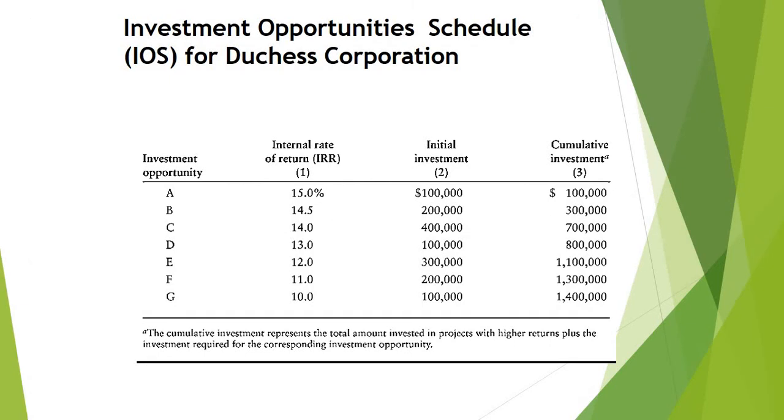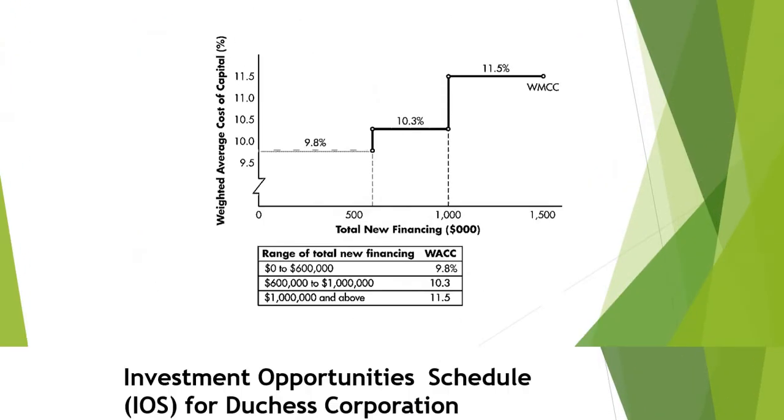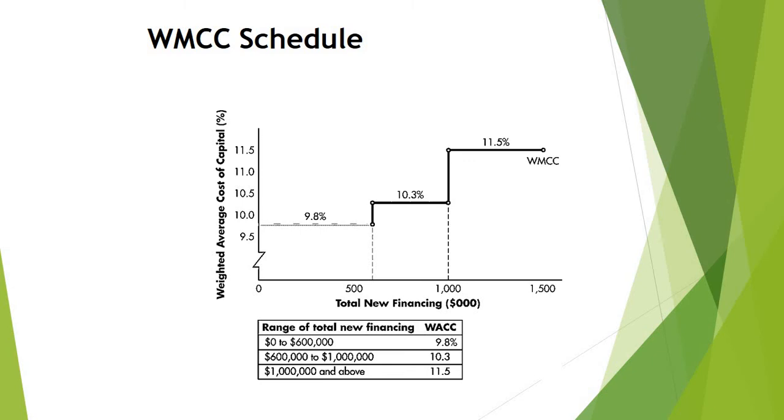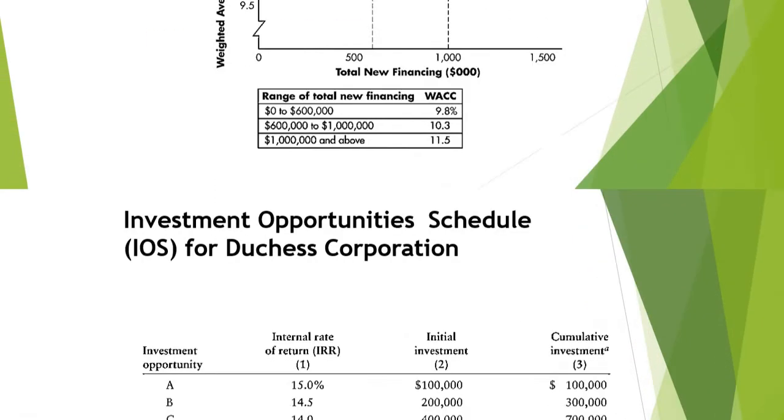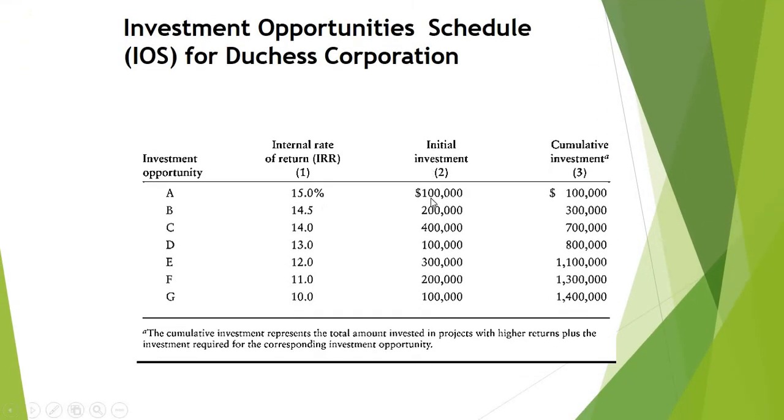Now, if the firm invests in project A, in that case the IRR is 15%, which is more than the weighted average cost of capital of this firm. It is an initial investment of $100,000, and the cumulative investment will be $100,000.